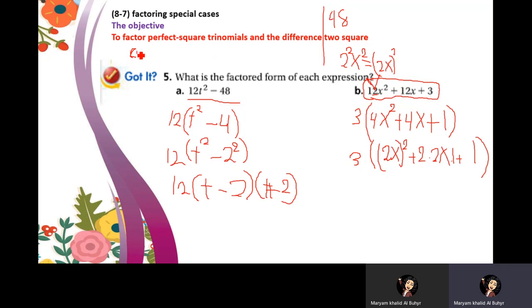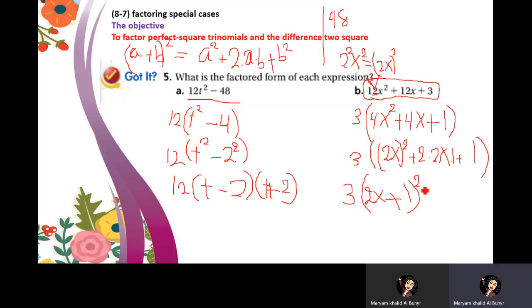We can say (a plus b) to the power 2 equals the first term squared, the last term squared, and 2 times the first term times the second term. That's what I have exactly here. I will leave my 3 outside, but I can say directly 2x plus 1, all this to the power 2.